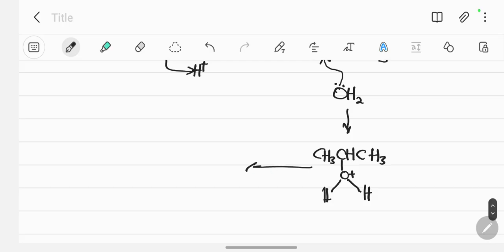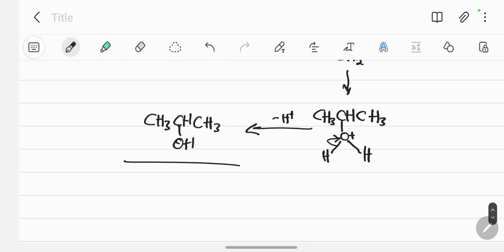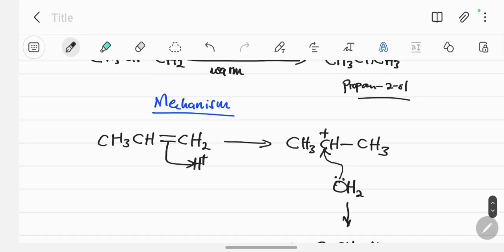After, we have to neutralize this charge by breaking off one hydrogen, such that we use the electrons it was using for bonding for neutralizing that charge. So we lose the hydrogen here and form CH3, CHOH, CH3, like that. So that alcohol is there, and that is the mechanism.